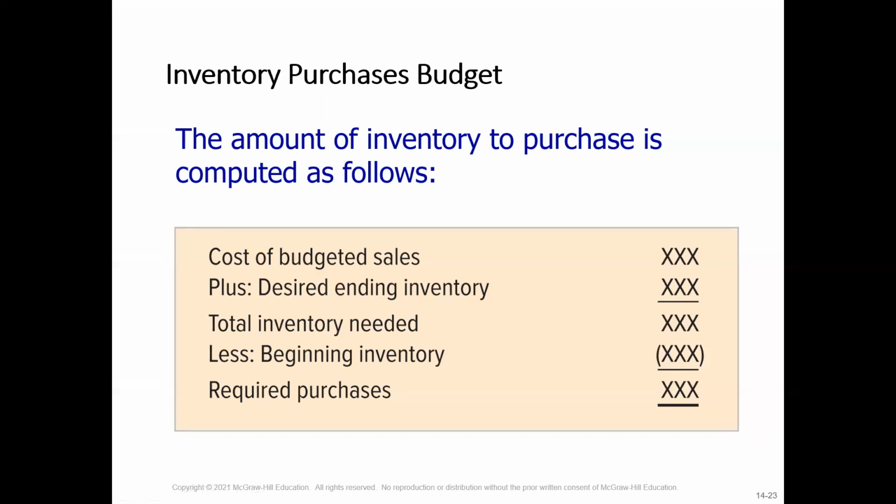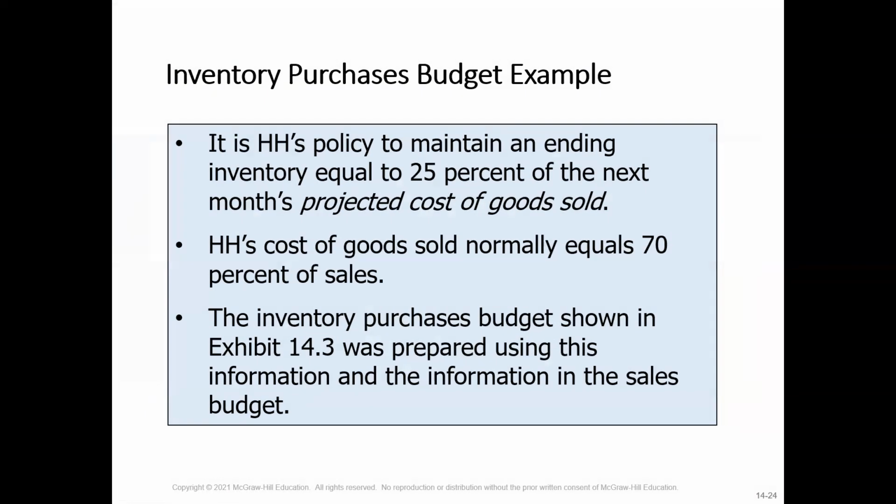From that, we subtract the inventory that Hampton Hams already has on hand. And that will equal the required purchases for the month in question. So the beginning inventory for November would be your ending inventory from October. So we will be seeing some relationships there.